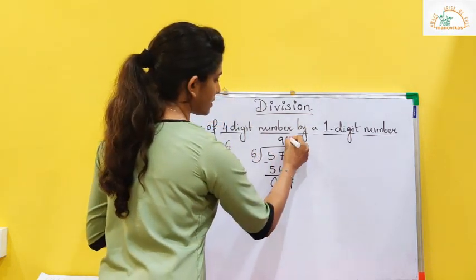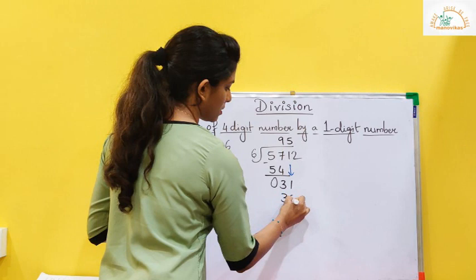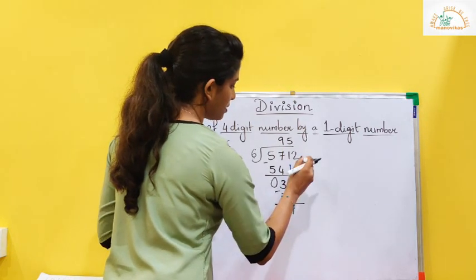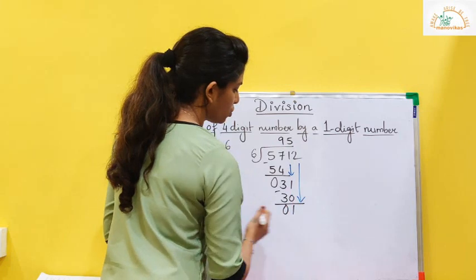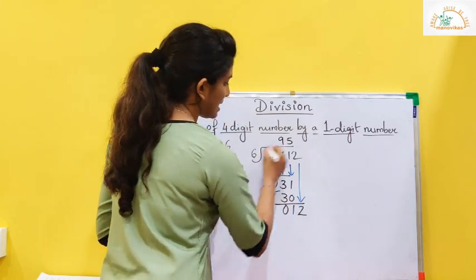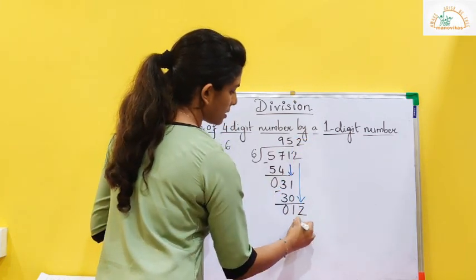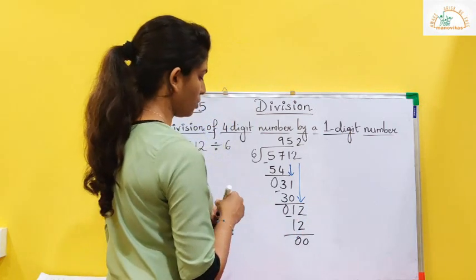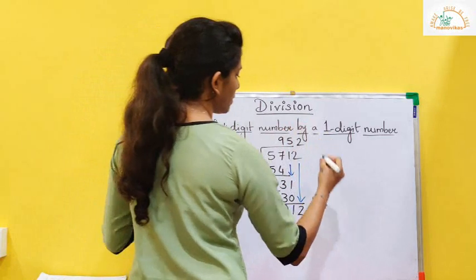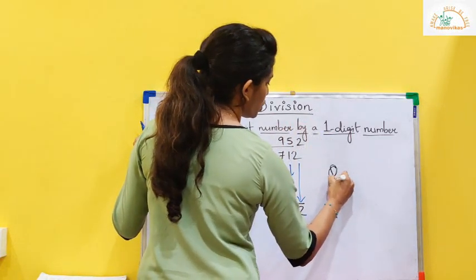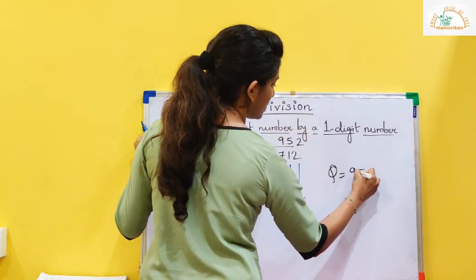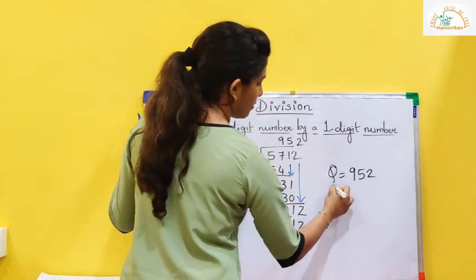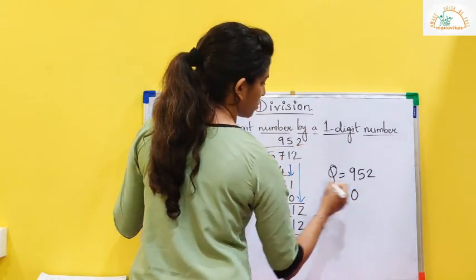Now 6 fives is 30. So I get 1 here. Bring down 2. 6 twos is 12 and we get 0 as a remainder. So the quotient here is 952. The answer we got is 952 and the remainder is 0.